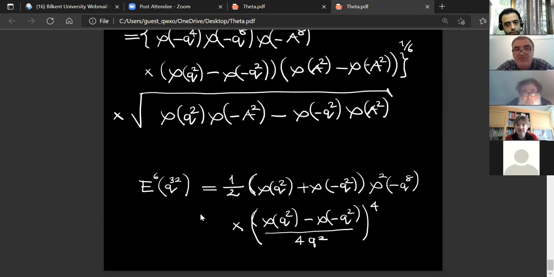Basically, there are very general formulas where you have the Dedekind eta function evaluated at a quadratic irrational number equal to a product of gamma functions at certain arguments.